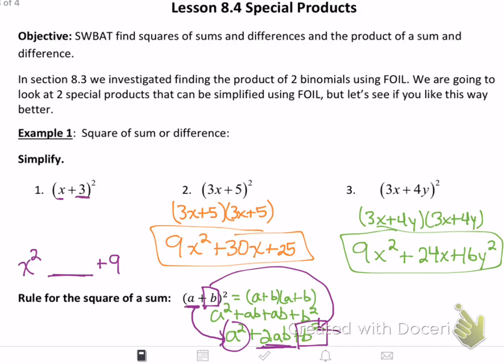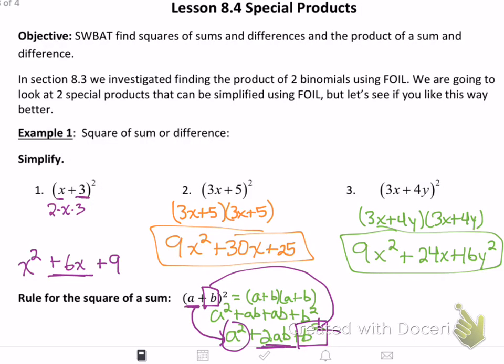Okay? Now, to find the middle term, it says I have to multiply 2 times a times b. 2 times x times 3 gives me 6x. And that's actually the same answer that we got from before when we just did a normal FOIL. So really this is a shortcut, okay?